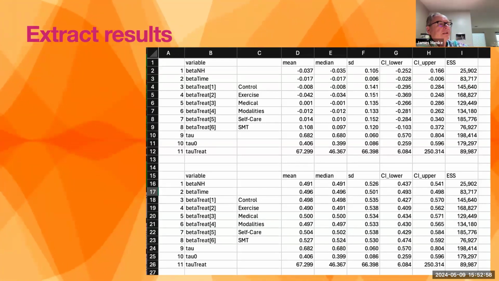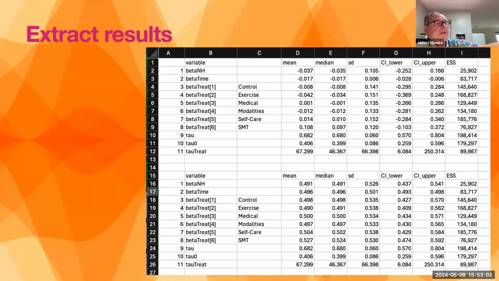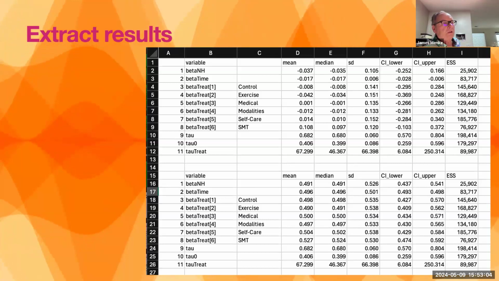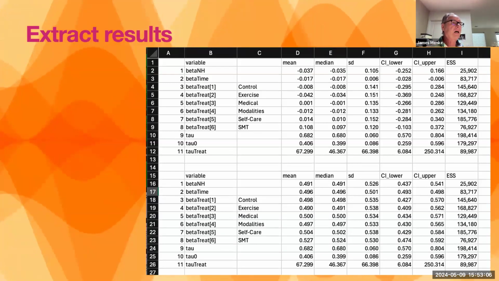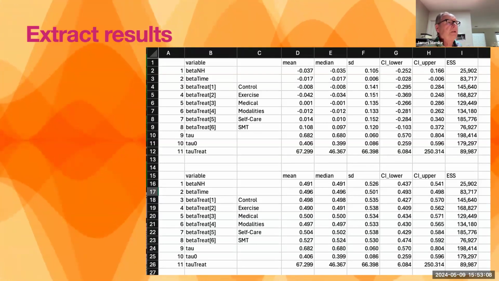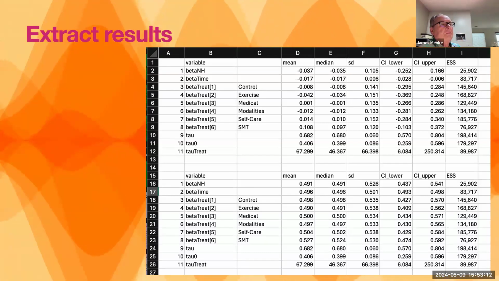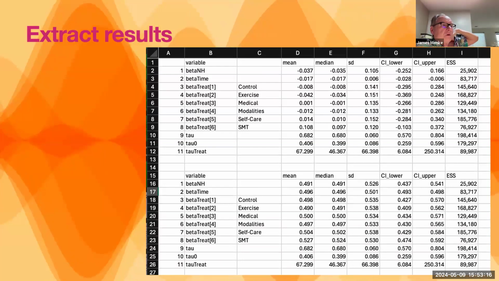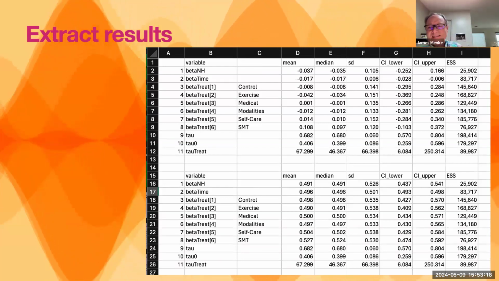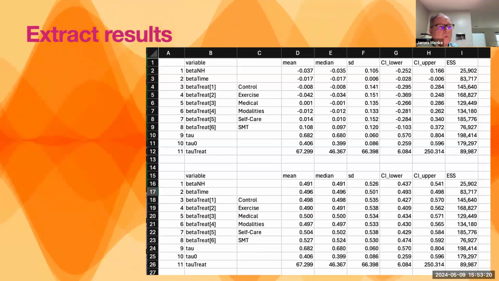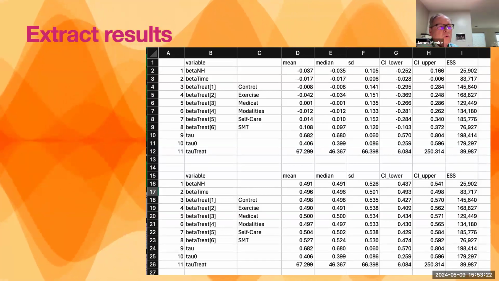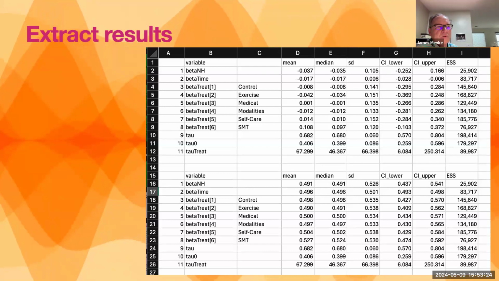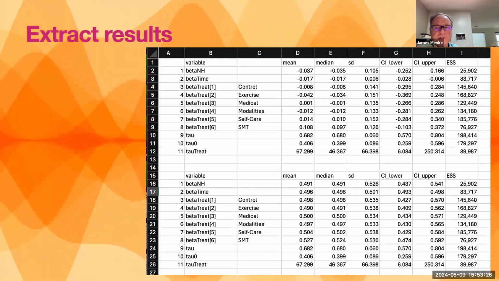But if you look up in the log odds and you look at the CI lower, column G, and column H, CI upper, that's a 95% confidence interval. If that crosses 0, then you've got the situation where it's questionable as to whether you've got a real treatment effect or not.